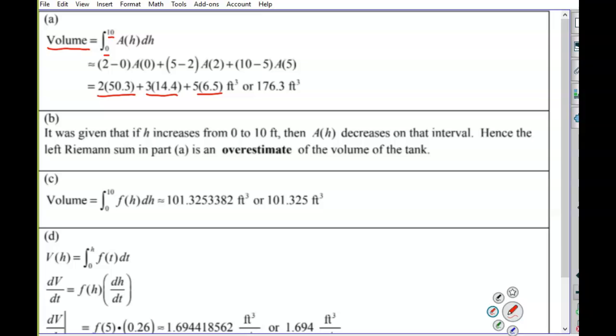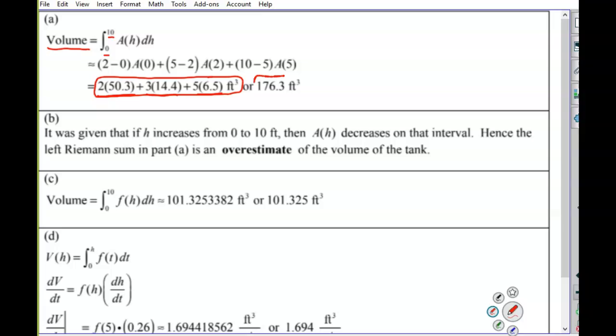Now remember, you don't get any extra points for simplifying. So you could stop right here, but you do have to include the units, because they did say identify the appropriate units. And if we're adding up square area, that's volume, which is cubic feet.